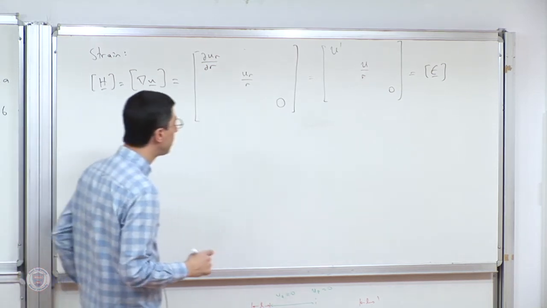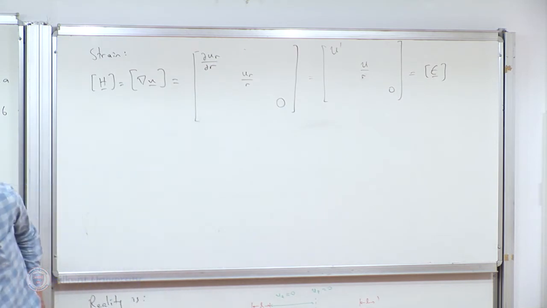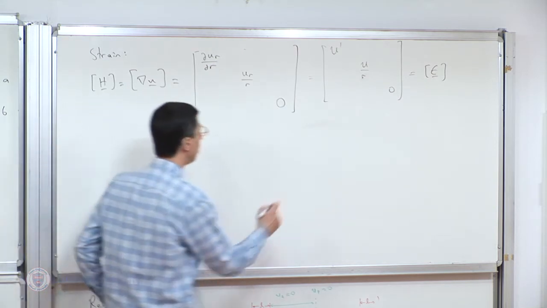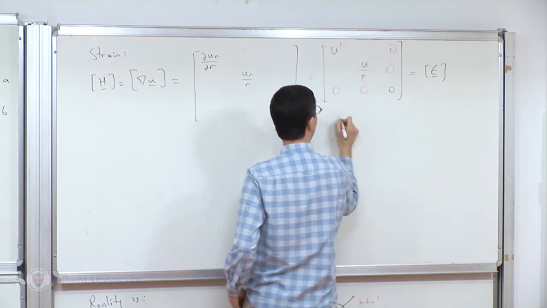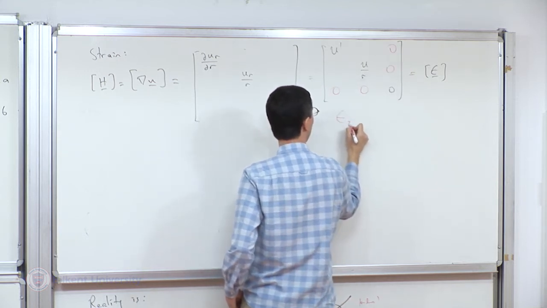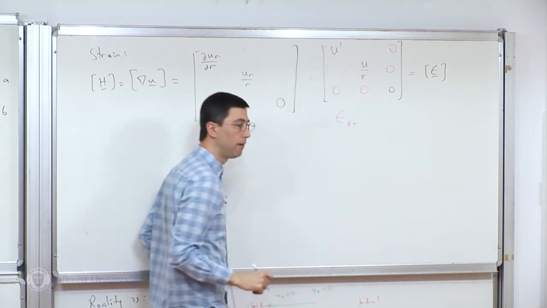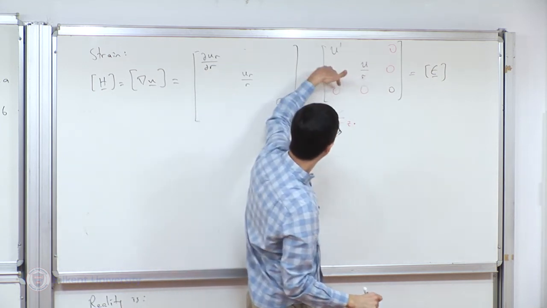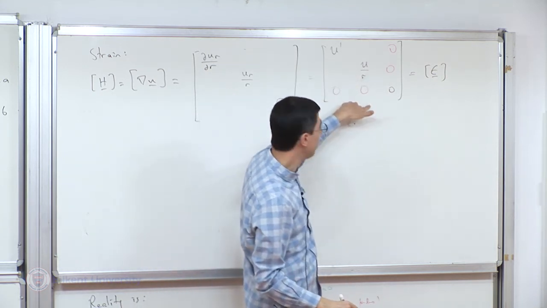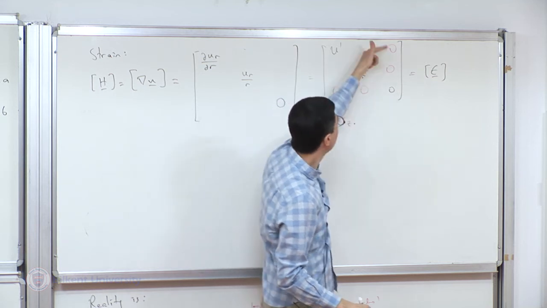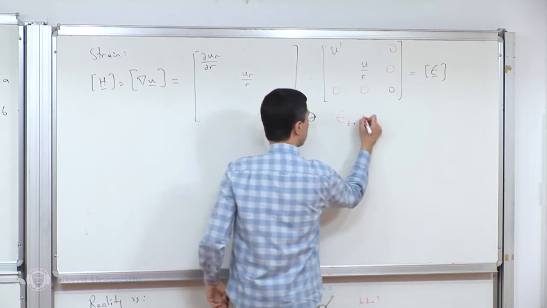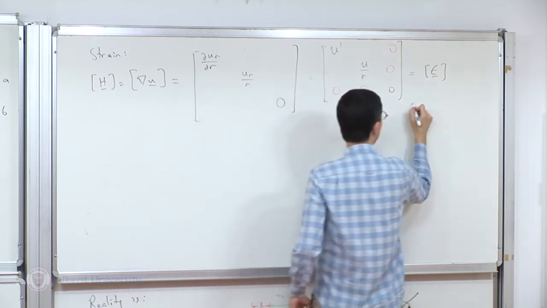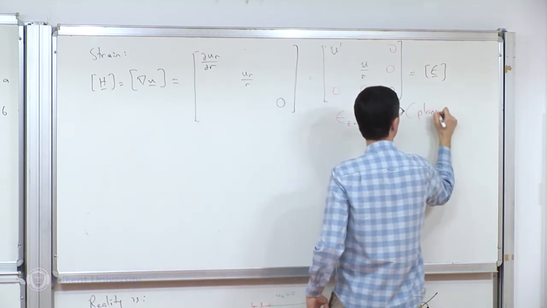Now, I mentioned at the beginning something about plane strain. In this problem, anything that has to do with z, epsilon zr, z theta, zz, and rz, theta z, they are all 0. This is plane strain.